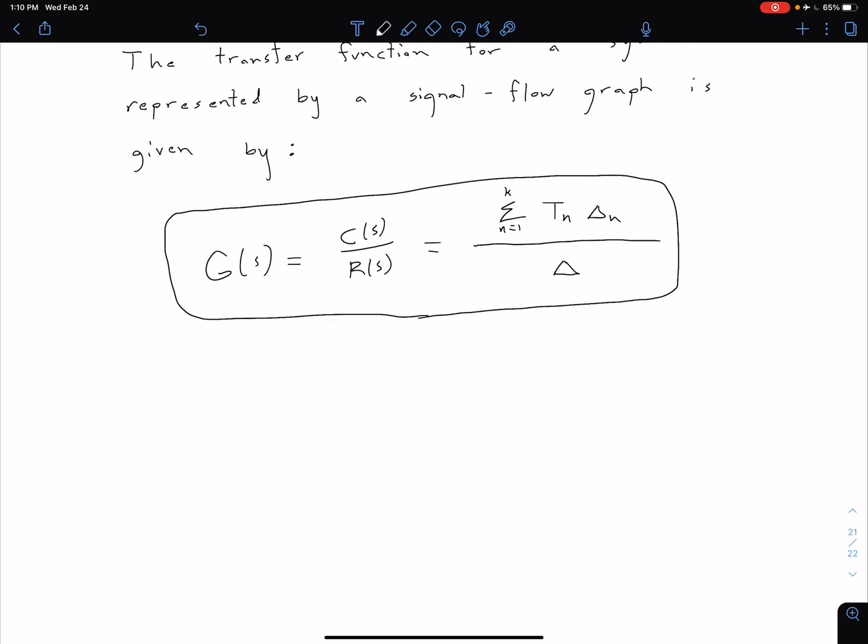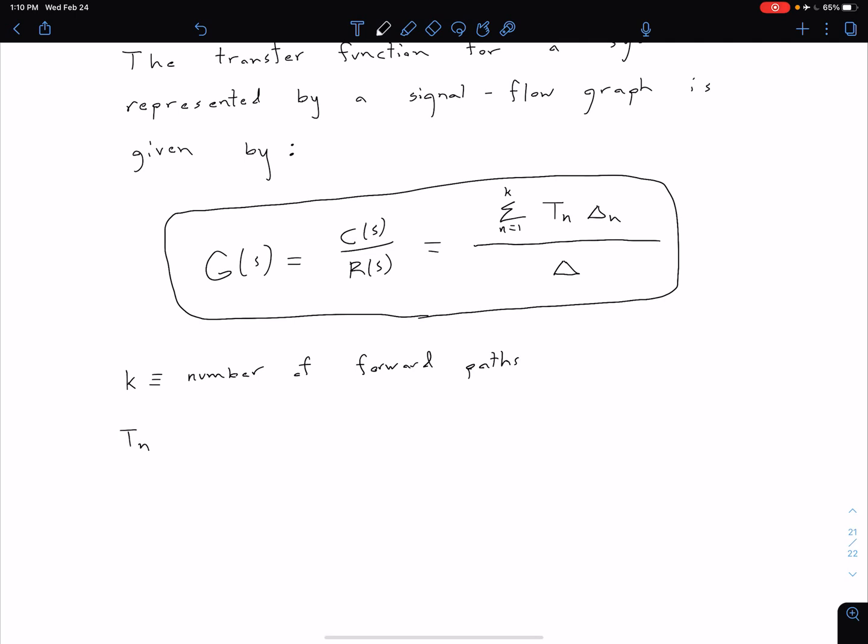So let's define some of these items. Our k, which is the upper limit for our summation, is the number of forward paths in our system. For instance, in the previous video, we saw that we had 2 forward paths, so our k would have been 2.